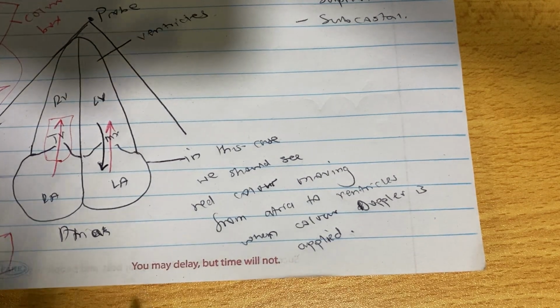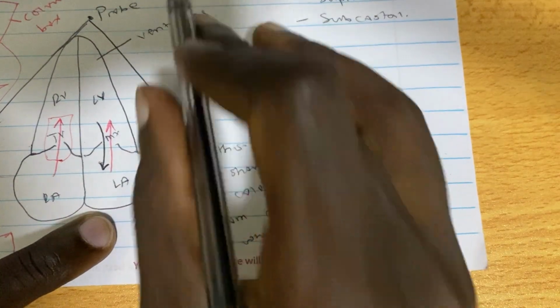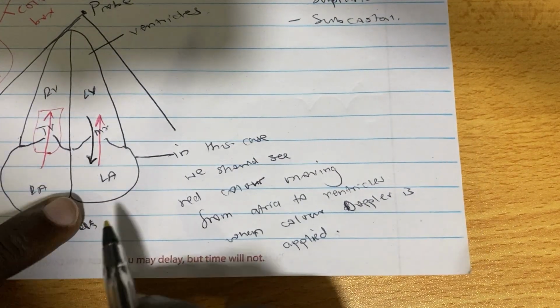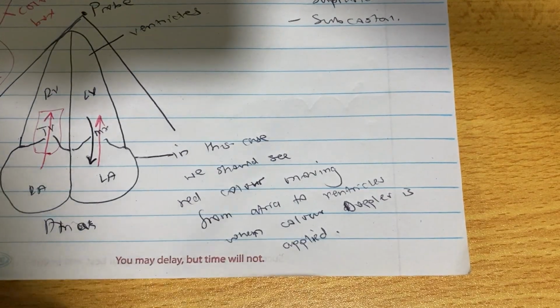And that one, we say blue away, red towards. Normal direction, red was towards the probe. And now, if there is regurgitation, we should see blue away. Blue color is going away from the probe.